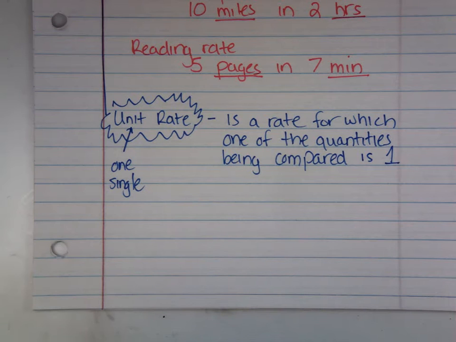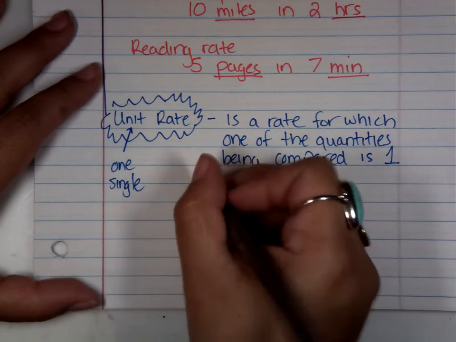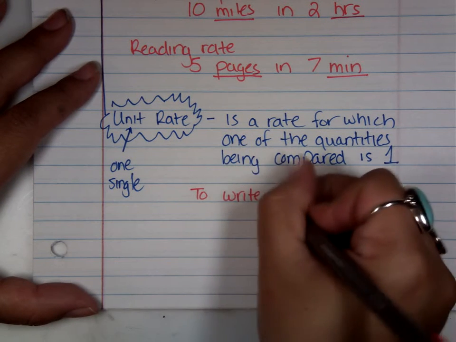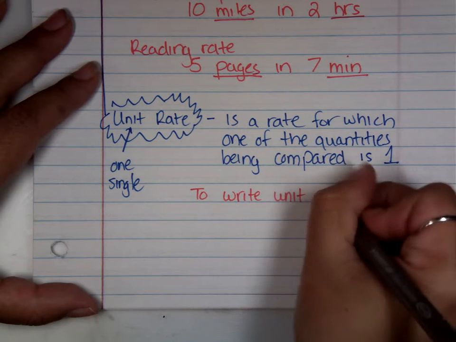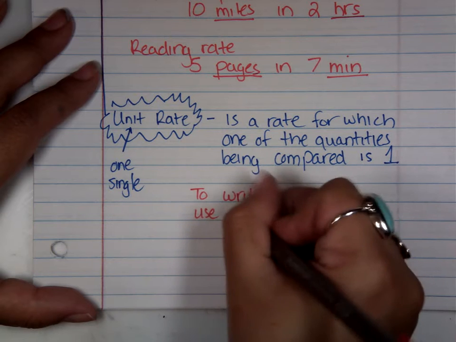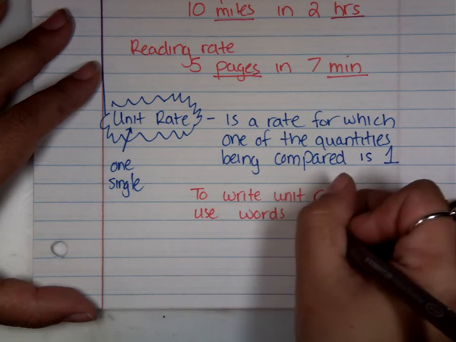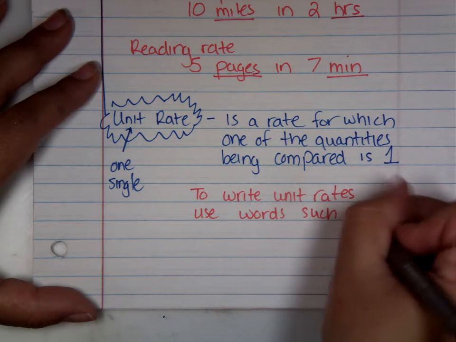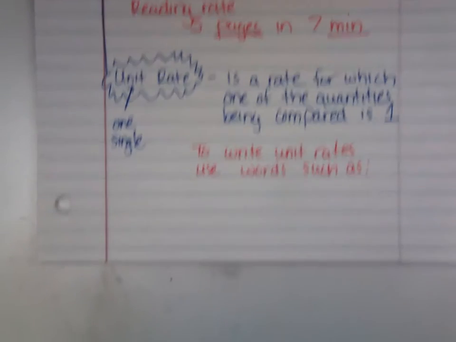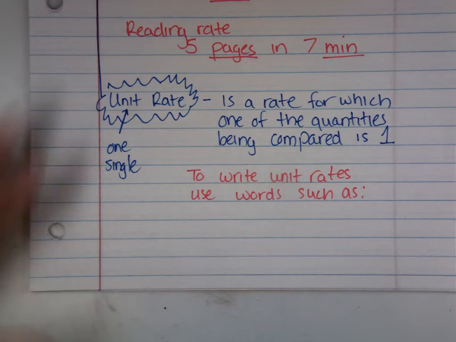Okay? Now, when we talk about unit rates, or when you see a unit rate, you'll see certain words that are used. Okay? So to write unit rates, we might see certain words such as per.